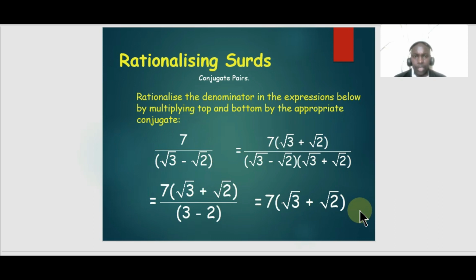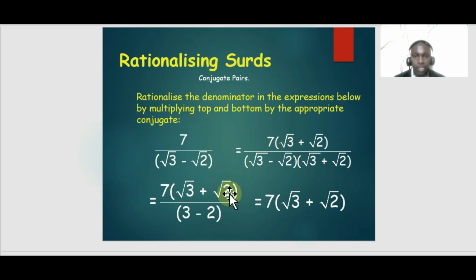Rationalize the denominator in the expressions below by multiplying the top and the bottom by the appropriate conjugate. So we want to rationalize the denominator. So the conjugate of the denominator will be root 3 plus root 2, and that is what you're going to multiply with both in the numerator and the denominator. The conjugate of this denominator will be root 3 plus root of 2.